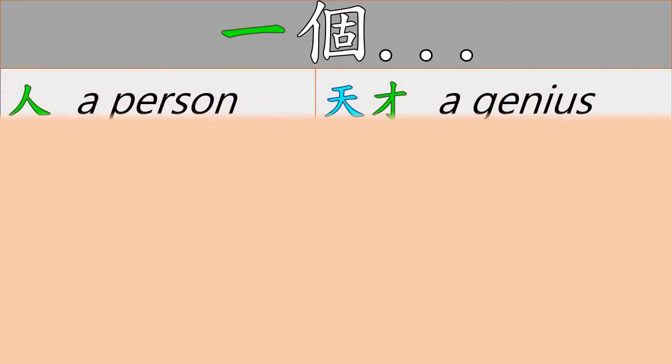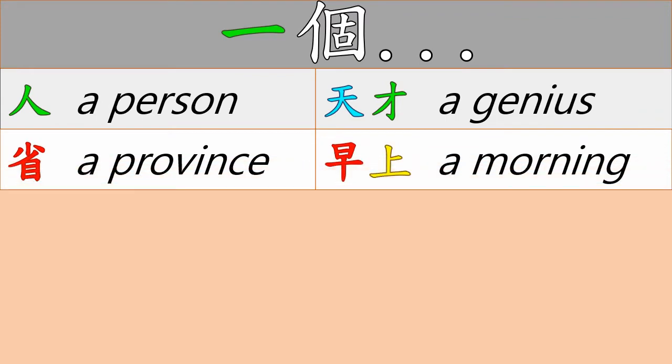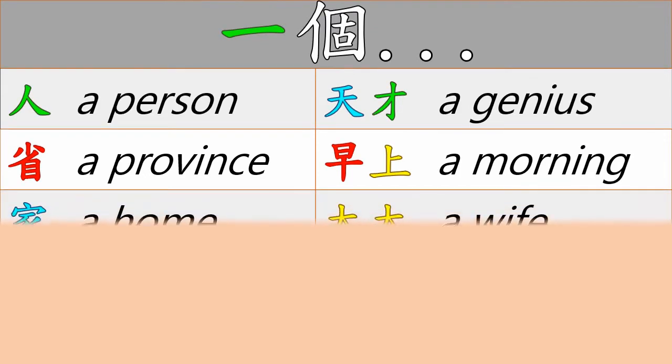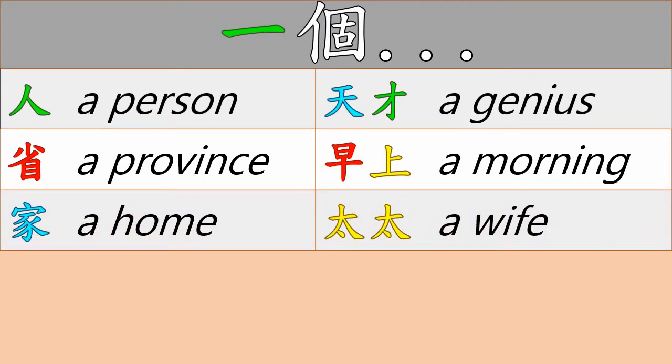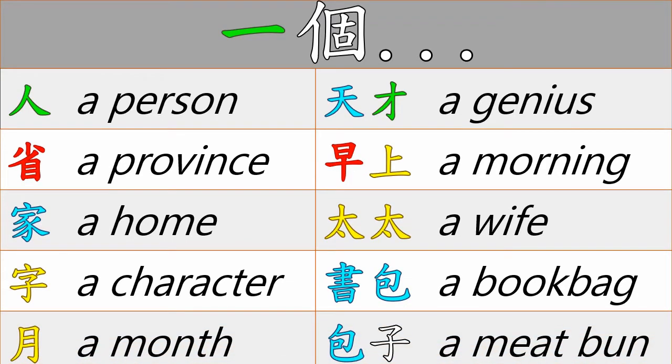Here are 10 examples. 一个人, a person. 一个天才, a genius. 一个省, a province. 一个早上, a morning. 一个家, a home. 一个太太, a wife. 一个字, a character. 一个书包, a book bag. 一个月, a month. 一个包子, a meat or vegetable-filled bun.